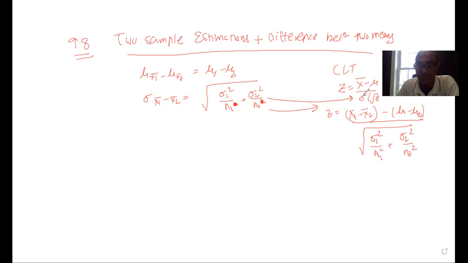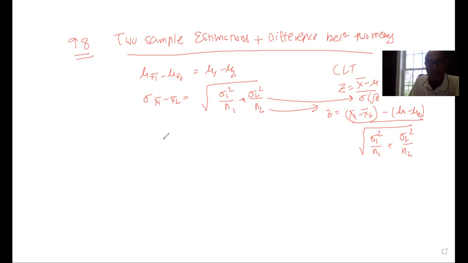There is no power, because we are taking this under the square root sign. So actually my bad, it is sigma 1 square over n1 and sigma 2 square over n2, but no square on n. Let's remove that part here, so we will have clear n1 and n2.